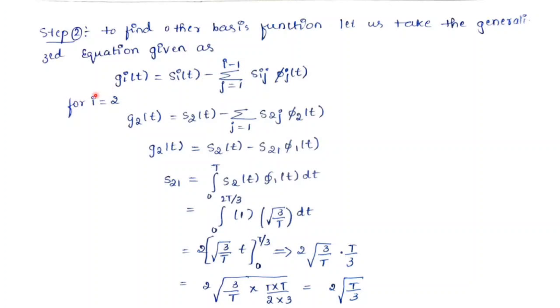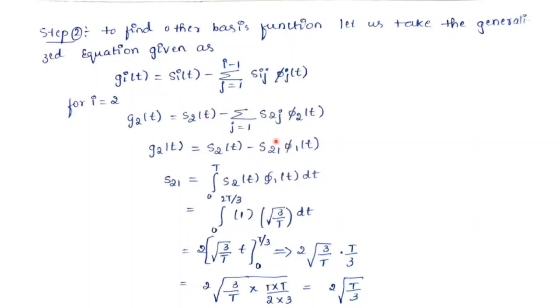For i equal to 2, substituting i equal to 2 in this equation, we get g2 of t is equal to s2 of t minus the summation for j equals 1 to 1, so s2j phi j of t. So g2 of t is equal to s2 of t minus s21 phi1 of t.